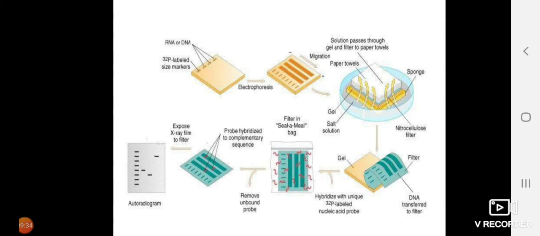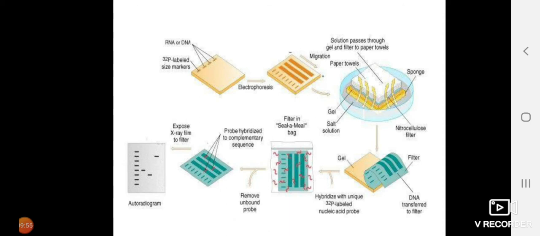So you can see how the whole procedure goes. We do electrophoresis, then the size fractionated components are going to be subjected to blotting, either through capillary blotting or through electroblotting, and then after blotting, the membrane will be subjected to hybridization in a hybridization chamber.